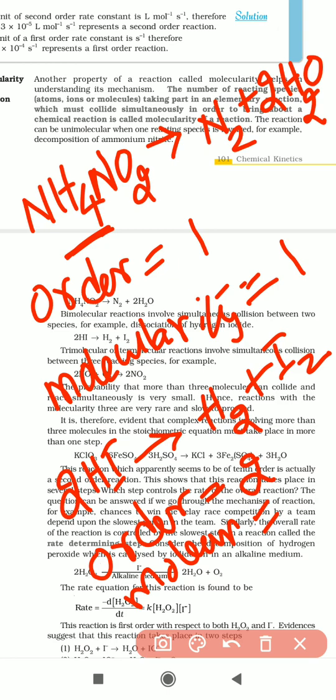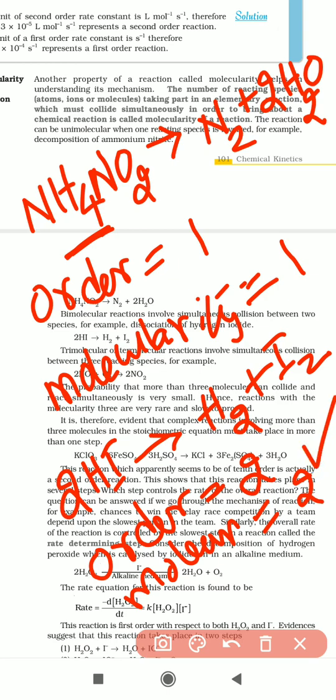Molecularity also becomes 2. How many reacting species are present in this equation? Only 2 moles of hydrogen iodide are present. Therefore, the order of reaction is 2, and the molecularity is also 2.